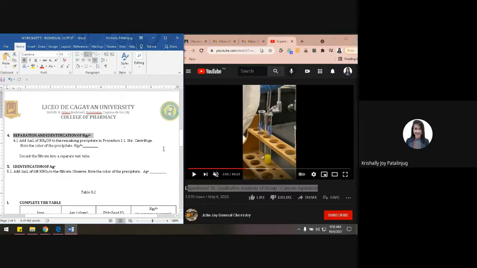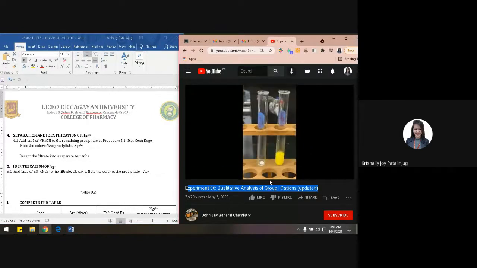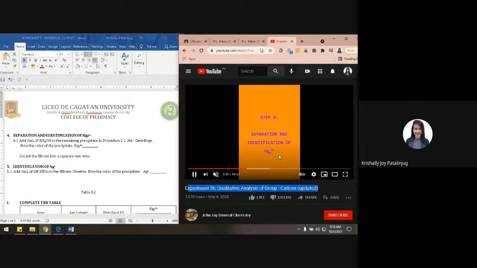Okay, mercury ion naman. I repeat, proceed tayo sa natirang precipitate kasi okay na si lead. Proceed tayo sa natira. Silver ion at saka mercury ion. Ayan, separation and identification of mercury.